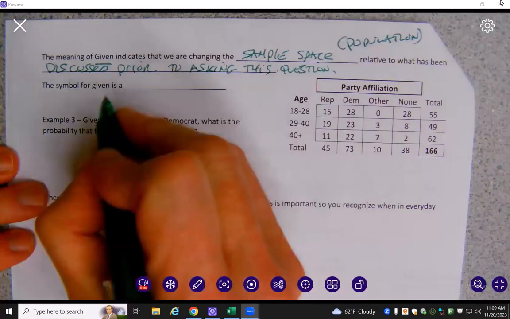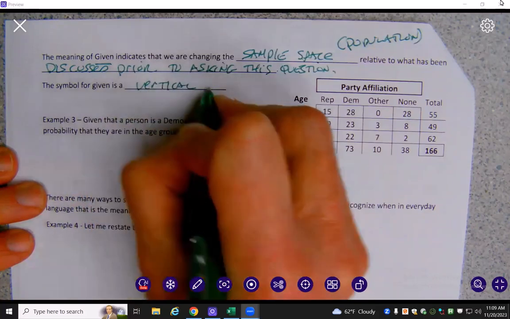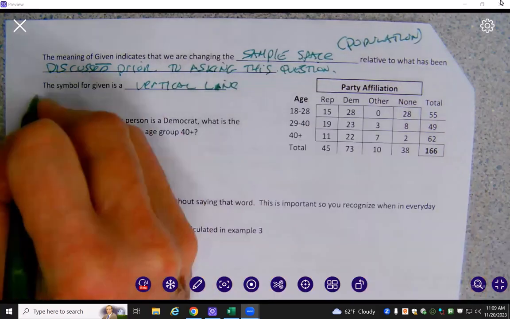And the symbol for given is a vertical line. So the way this looks is this.